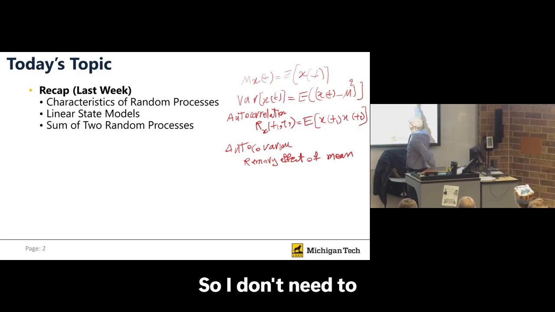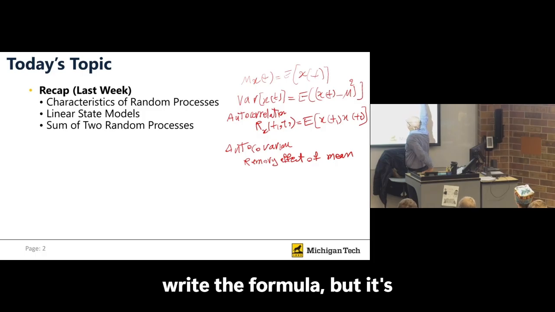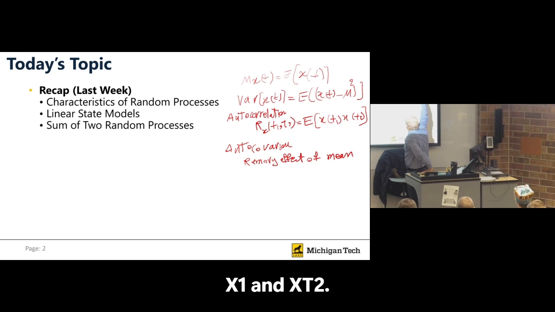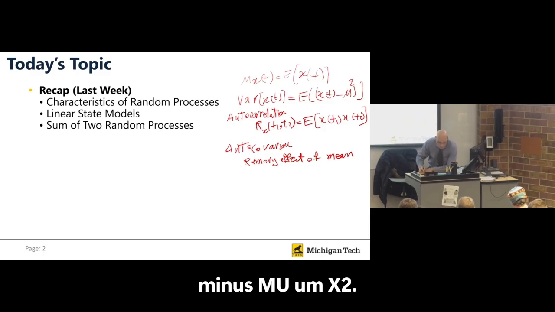I don't need to write the formula, but it's x t1 minus mu x1, multiplied by x t2 minus mu x2. So we learned this one.